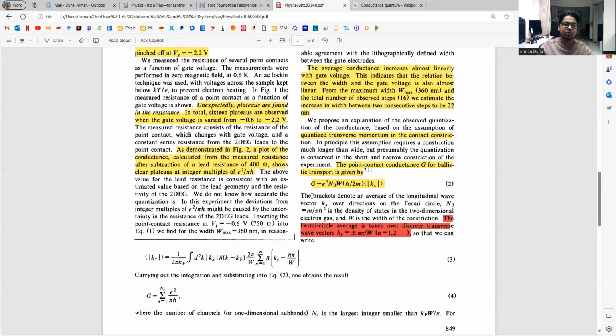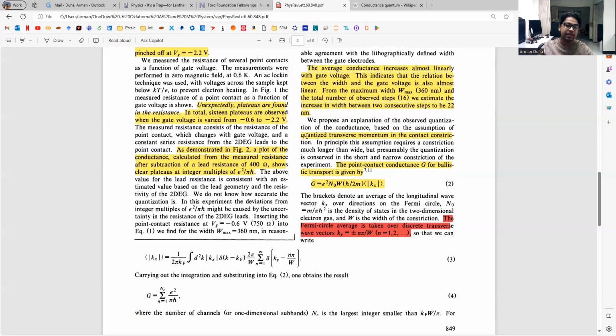Well, first of all, let's just write down the equation of conductance once again. The quantum mechanical form of this is given in terms of these quantities, where n naught is the density of states, and then this is the interesting quantity, the Fermi wave vector.